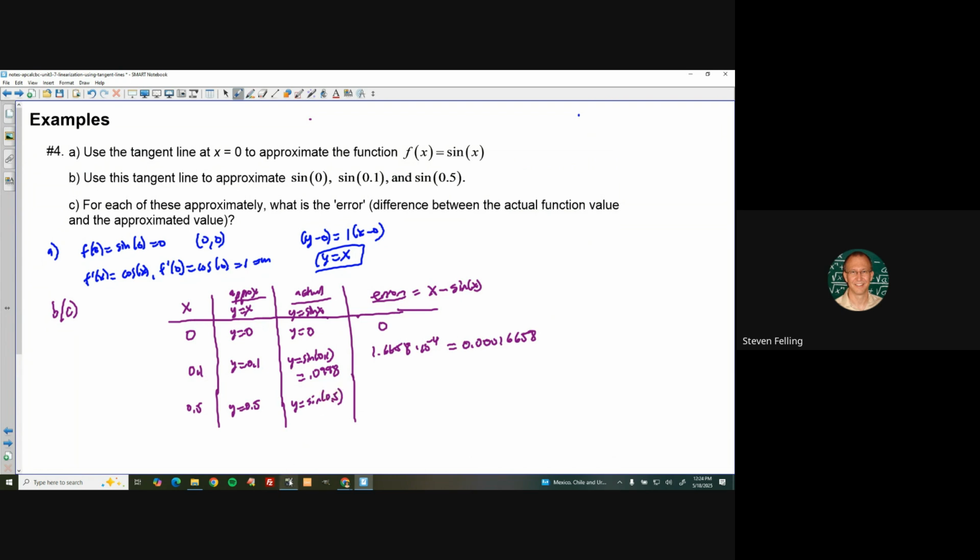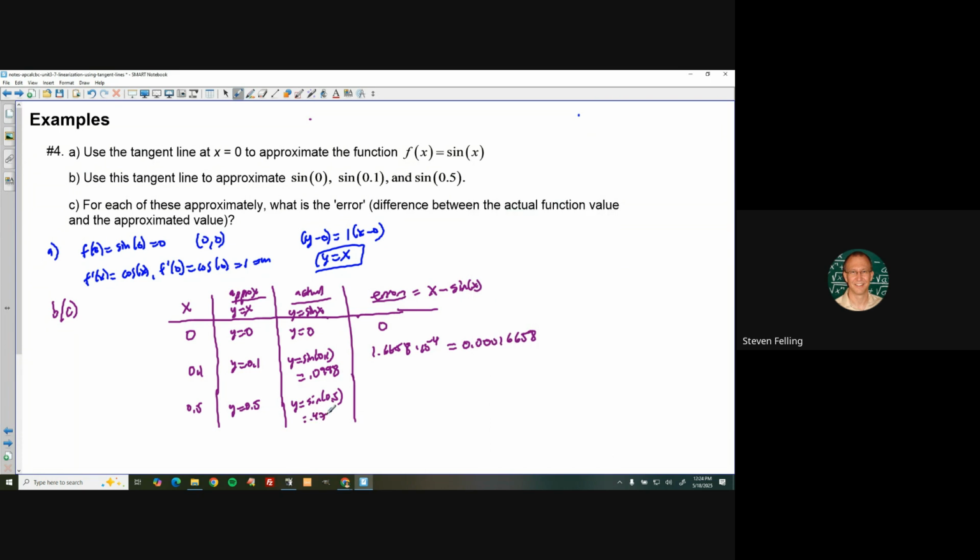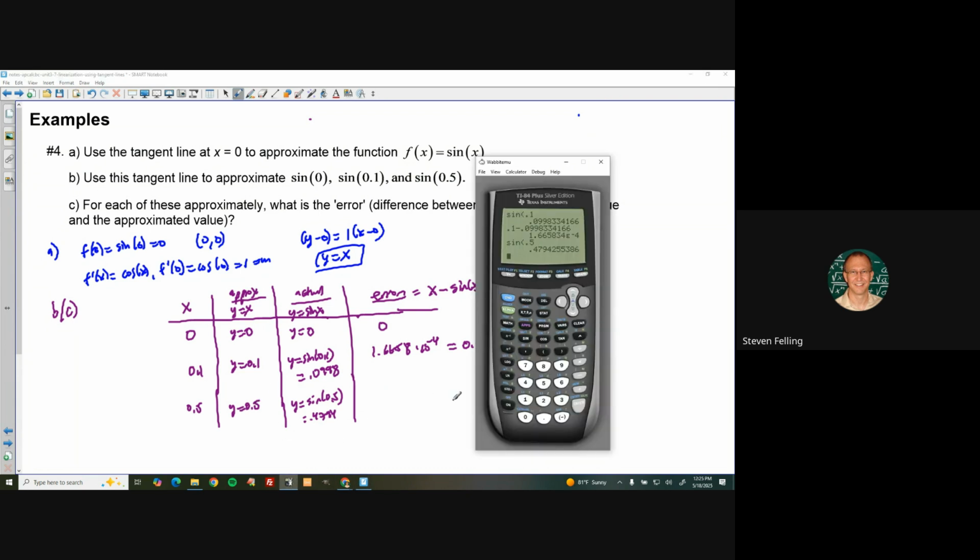And sine of a half is 0.4794 approximately. So the error is the difference between 0.5 and that. 0.5 is the approximation. This is the actual sine of a half. And the error is 0.02057.